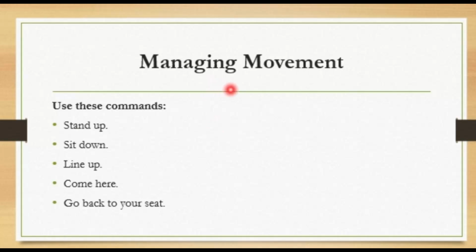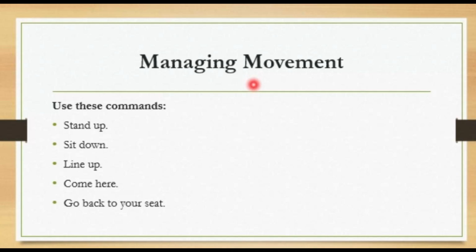And another one is managing movement. We can use commands. There are also kinetic learners, students who like to use movement and physical gestures and other things. Usually, it's true for children.